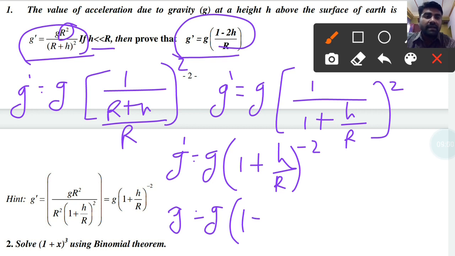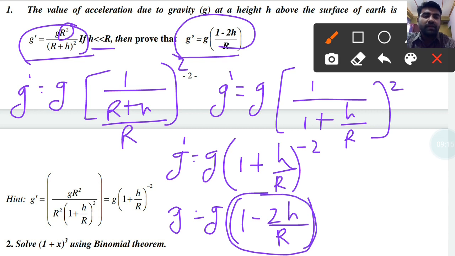So 1 minus 2h upon r, we can directly write, and all other terms apart from these two initial terms are neglected because of higher powers and smaller values. So we are left with 1 minus 2h upon r, right?